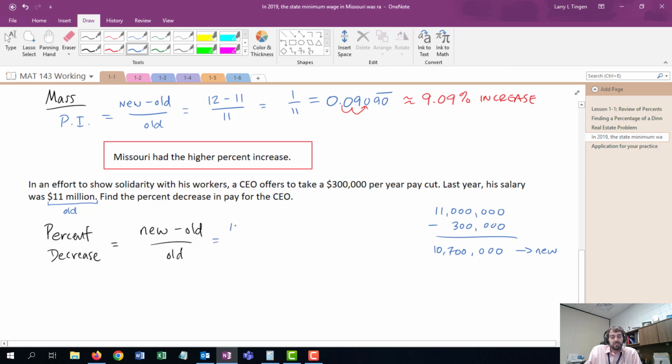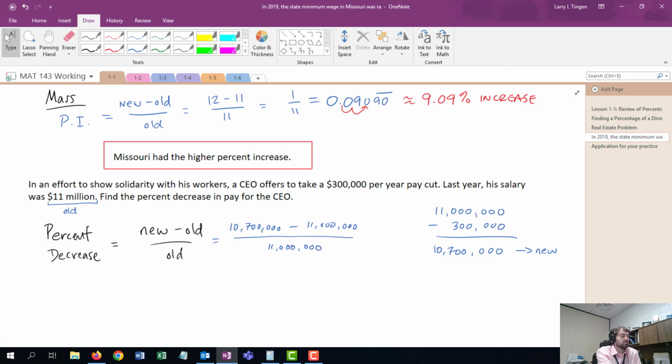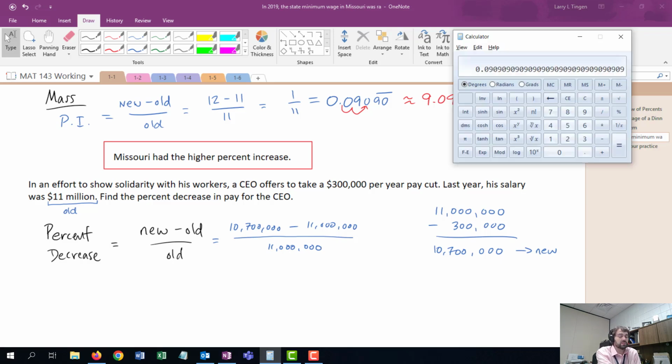So the new is 10,700,000 minus 11 million divided by, and we go for the old in the denominator. And what do I find? I find that million has a whole lot of zeros in it, right? So 10,700,000 minus 11 million.